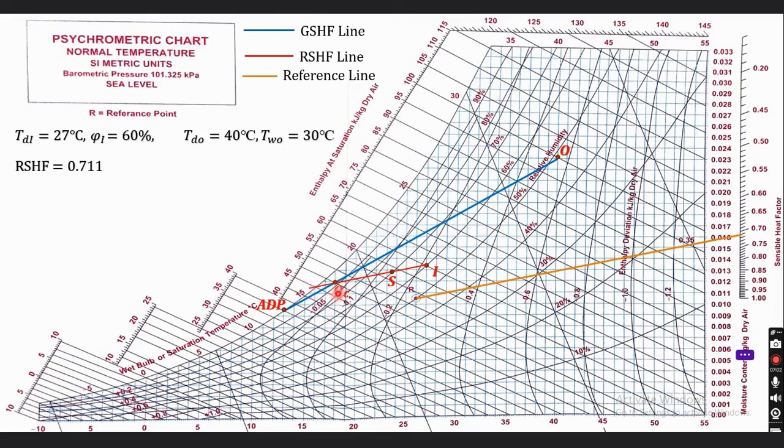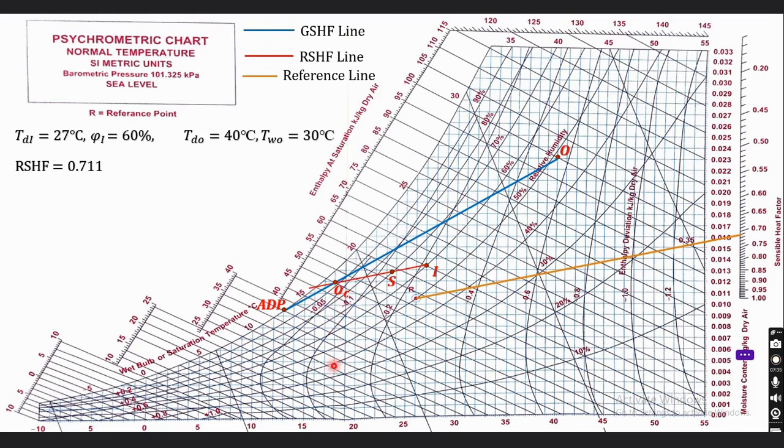Now after this, on this room sensible heat factor line we actually have 2 points. One is the temperature of air after the coil, and the other condition which lies on this room sensible heat factor line is the supply condition. So these are plotted accordingly. In this problem the air temperature after the cooling coil is given as 18 degrees Celsius.